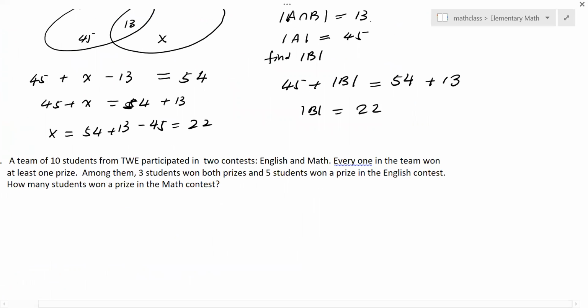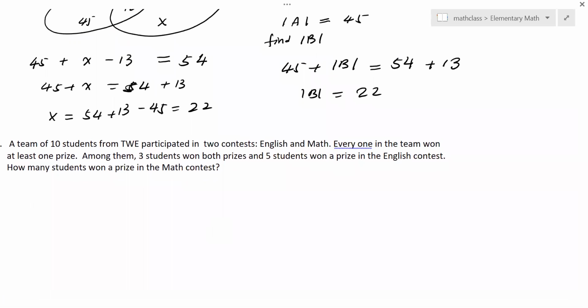All right, so here's another one. We have a team of 10 students from TWE participating in 2 contests, English and math. We know that everyone in the team won at least one prize. Among them, 3 students won both prizes, and 5 students won a prize in the English contest.